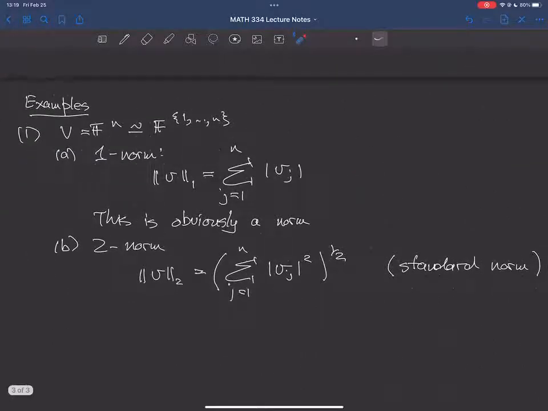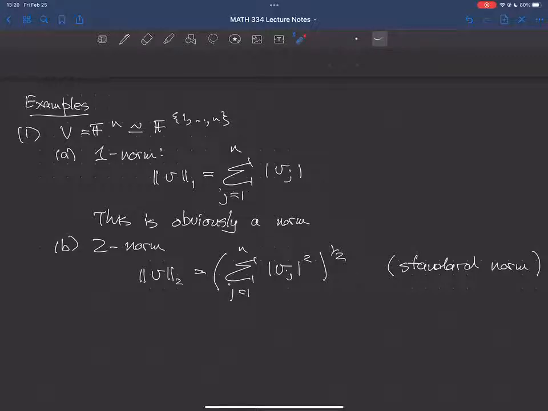If you've seen the notion of an inner product, which we will talk about later, this is a norm which comes from an inner product, and the satisfaction of the triangle inequality follows from properties about inner products, including the Cauchy-Schwarz inequality.